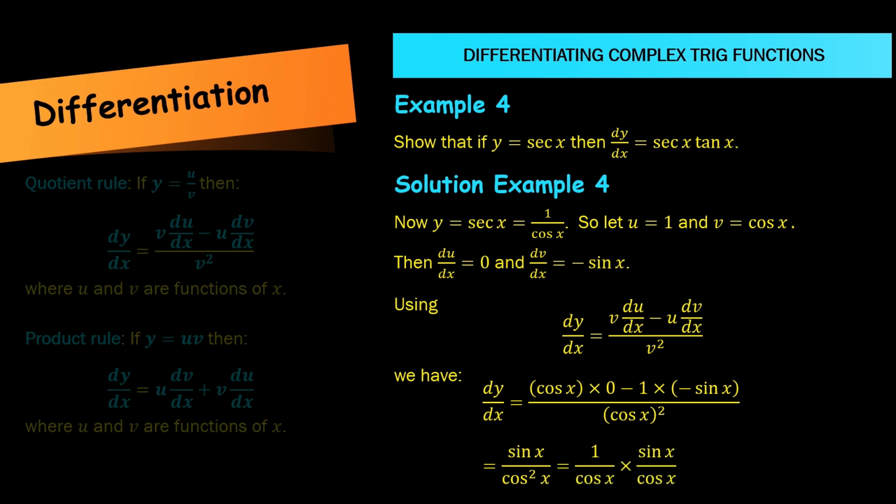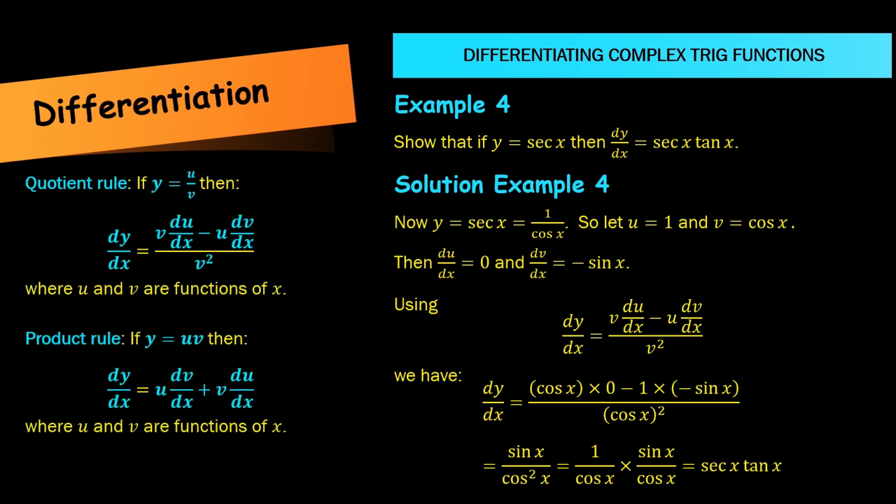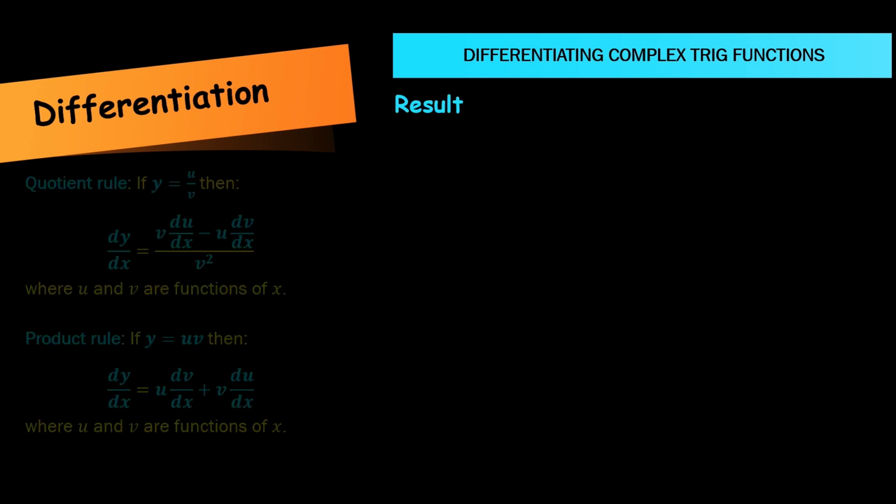We have 1 over cos x times sin x over cos x, which can be re-expressed as sec x times tan x, and this is what we are required to prove. So we have that if y equals sec x, then dy/dx equals sec x tan x.